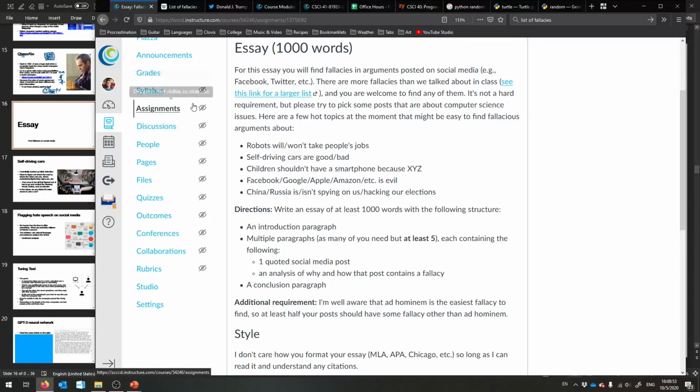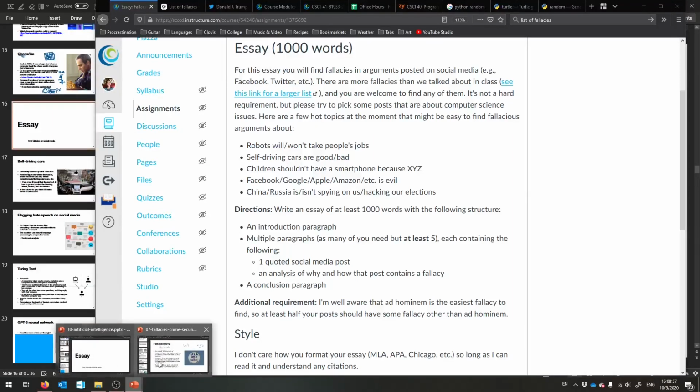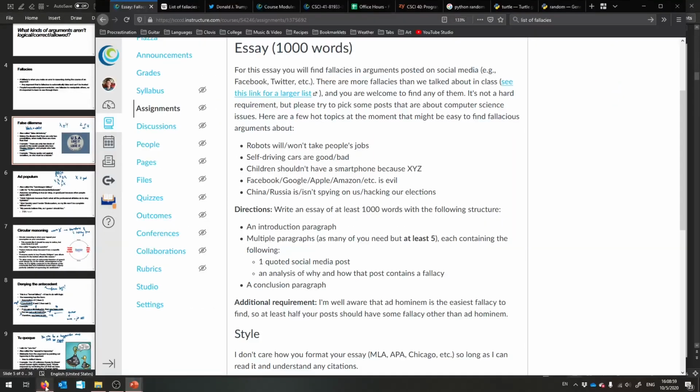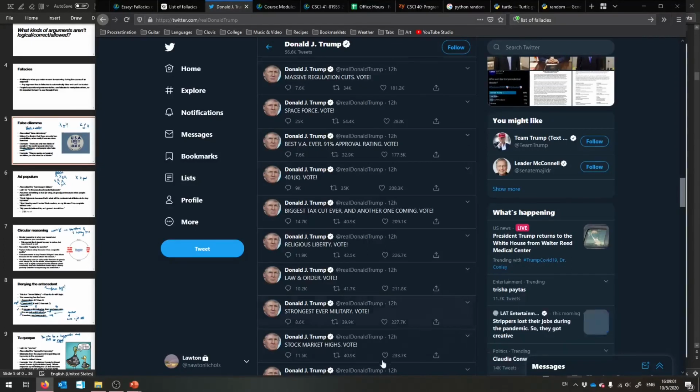Let me give you an example, and obviously you can't use this one now, but we will pick on the president. So here are a few tweets that are recent, and for a few of these we can make arguments for them, like maybe Biden would prefer to downsize the military a little bit.